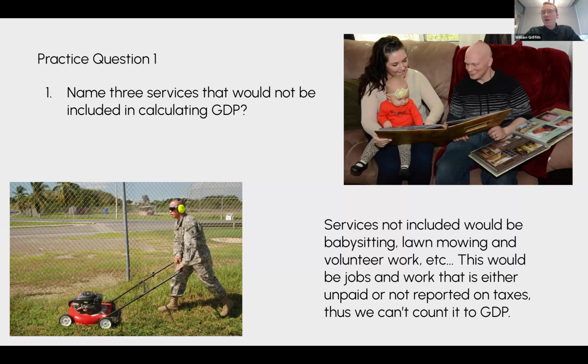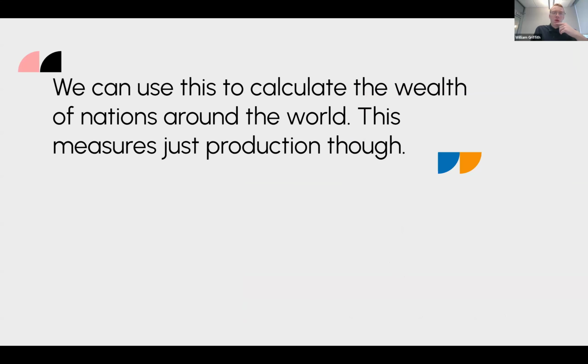They aren't a set value. There isn't somebody keeping track of all of it. Thus, it can't go towards GDP. And volunteer work is unpaid and doesn't have a set cash value. Thus, we can't calculate it towards GDP either. We have no possible way of keeping track of them and calculating them.